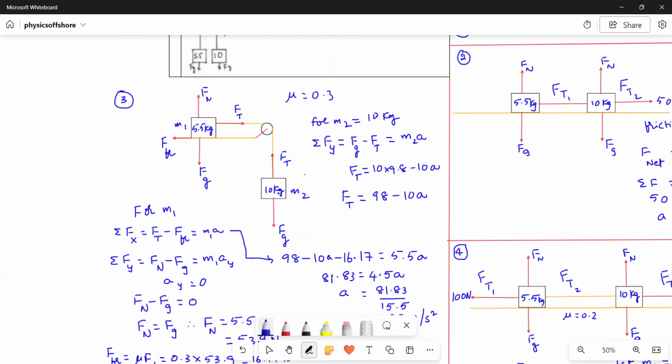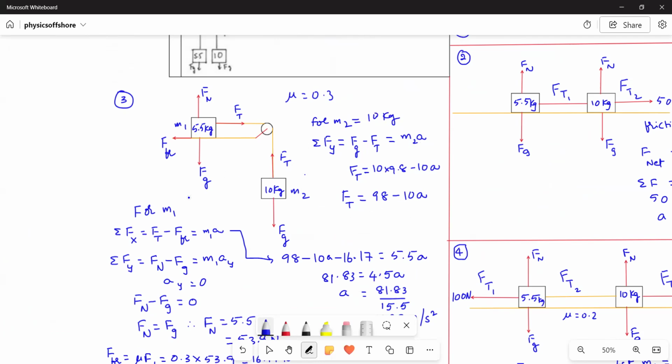The weight of the 10 kilogram mass is greater than the tension. So I am writing Fg minus Ft is equal to M2a. So F tension is equal to Fg minus M2a. So Ft is equal to 98 minus 10a.